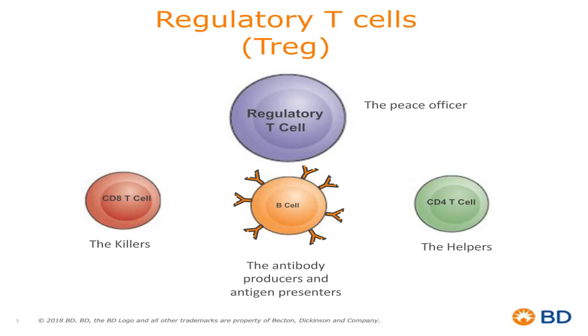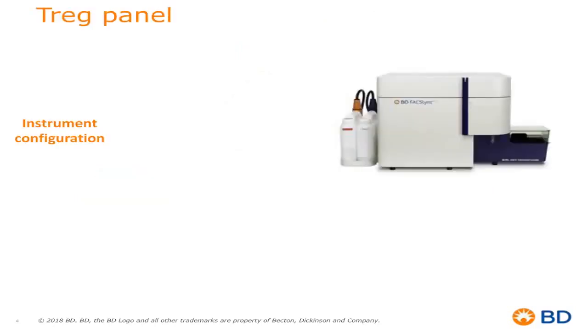So when we want to study an area of biology, whether it's the CD4 helper T cells or our NK cells, one of the most useful tools that we have in the laboratory is a flow cytometer. And today we'll be talking about the BD FACSLyric flow cytometer. With any instrument, whenever you want to start building a flow cytometry panel, you have to understand what your instrument configuration is.